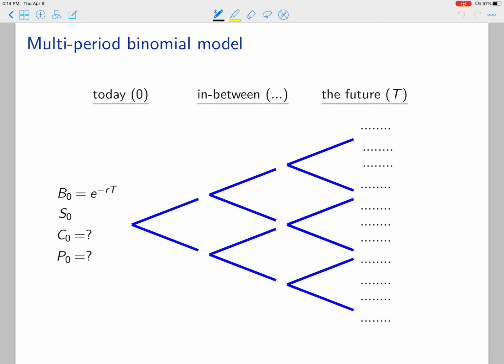This slide is a visual summary of the n-period binomial model. We don't draw a specific end date here because we want to leave it general. We're going to have two dates, 0 and capital T, and two basis assets: the stock with a price S0 today, and a bond with a price of B0 equal to e to the negative RT.